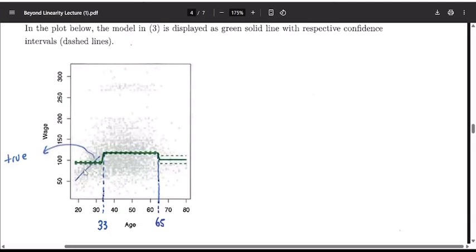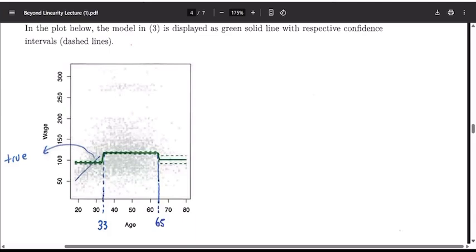And we saw what happened with the step function: we break the predictor age into different categories, we fit it, and we have an issue at the edge. But can we have a way to combine the step function and the polynomial?